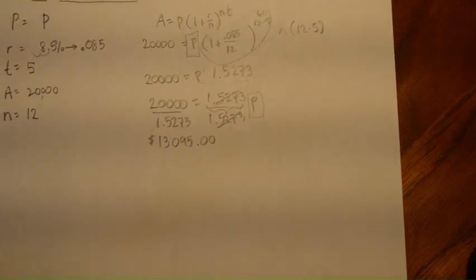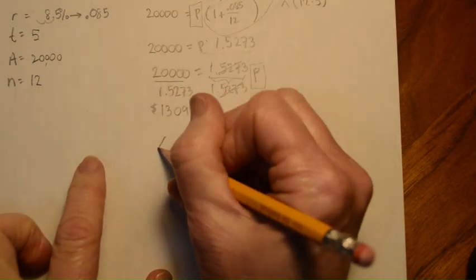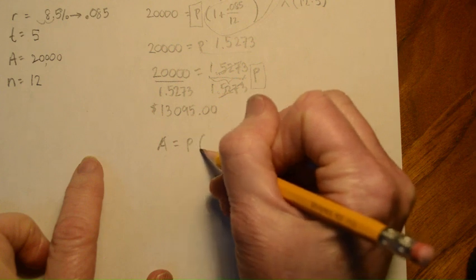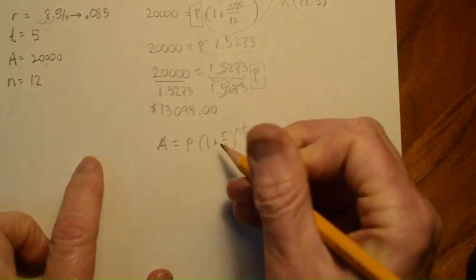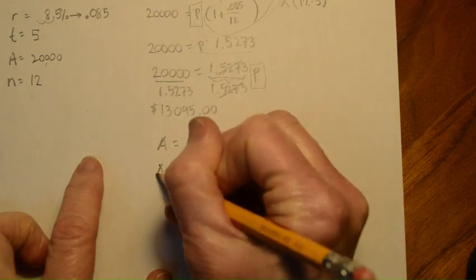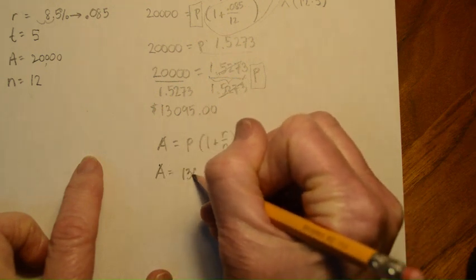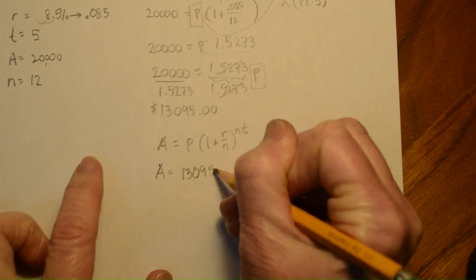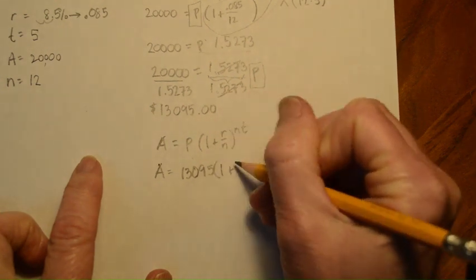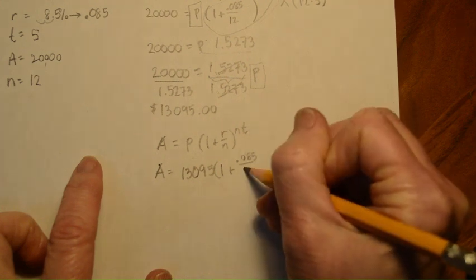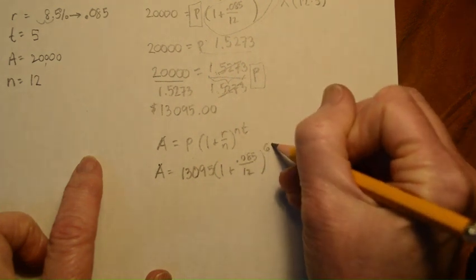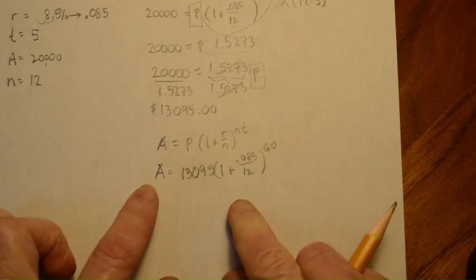So let's try that just to check. If I start with A equals P times 1 plus R over N to the NT, and I put in that amount, 13,095 times 1 plus 0.085 over 12, to the 60th power, do I get $20,000?